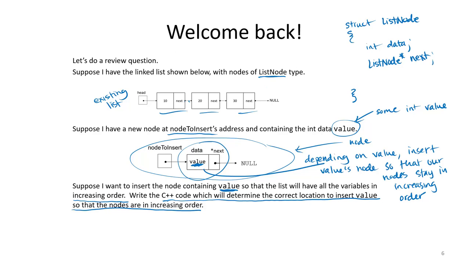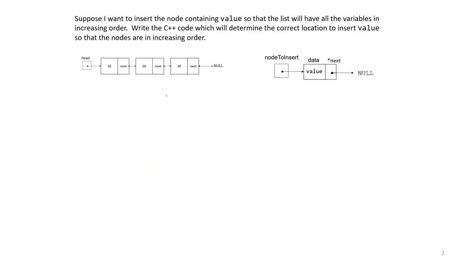So our task here is to write the code which will figure out where we need to insert value so that our nodes are in the correct increasing order based on the data value that is stored inside.